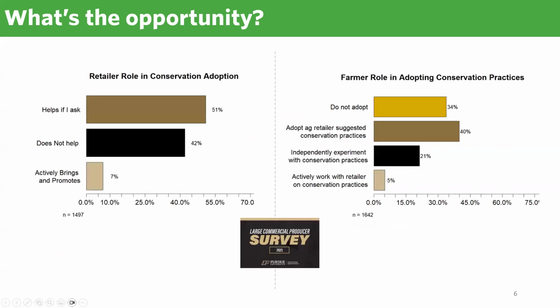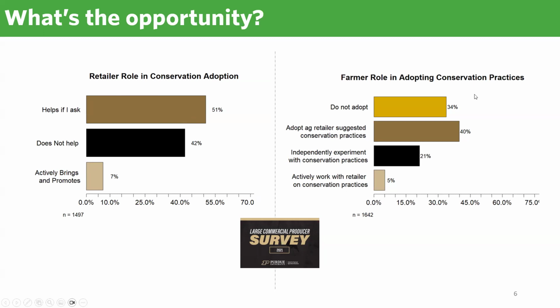Now, what's the opportunity? We also see that when we asked the farmers what the retailer's role is when the farmer is adopting conservation, about 90% of the farmers say that they just help if asked for it, or they don't even ask for help. So the farmers are kind of doing that on their own.